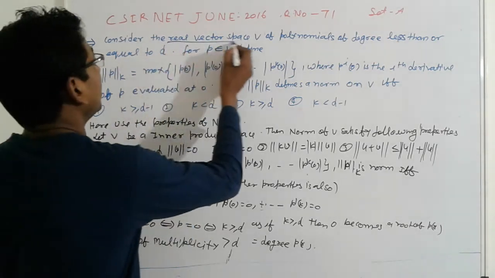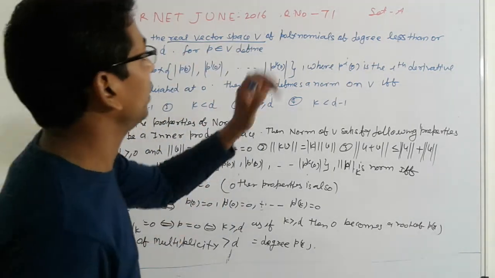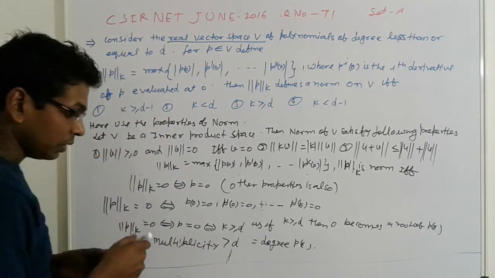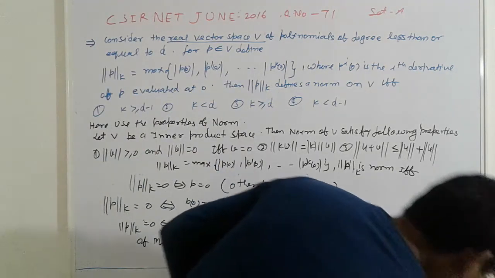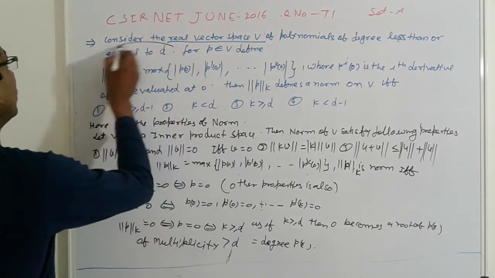The real vector space, this is not complex numbers, is the polynomials of degree less than or equal to d. This is very important here: the degree is less than or equal to d.